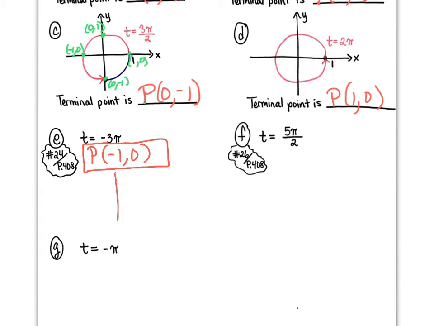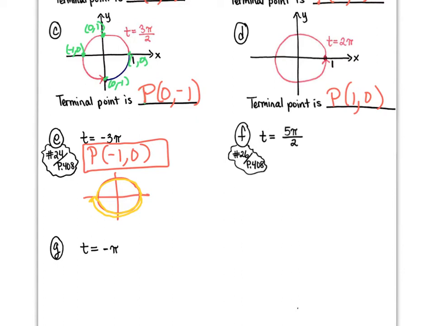So if you draw it, then you have your unit circle, and you're saying negative 3 pi. So you go around, that's negative pi. This is negative 2 pi, and then we go around again. So that here gives us our terminal point. Does that make sense? Okay, good.